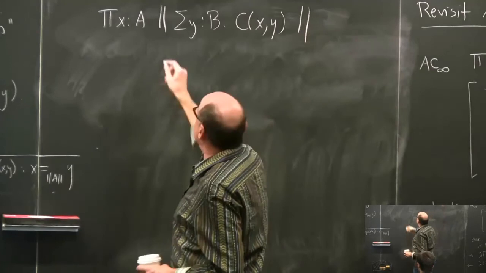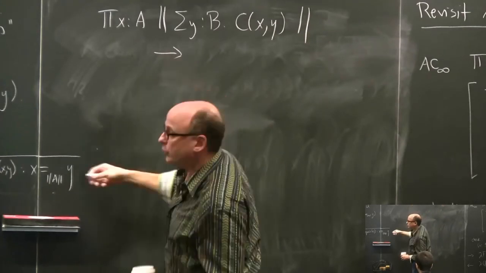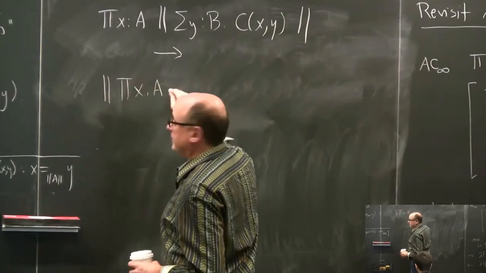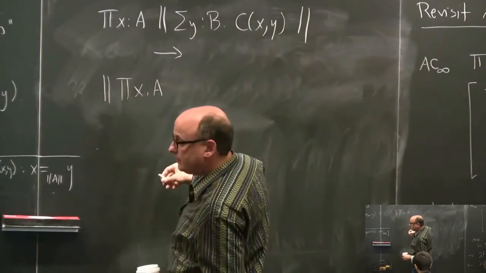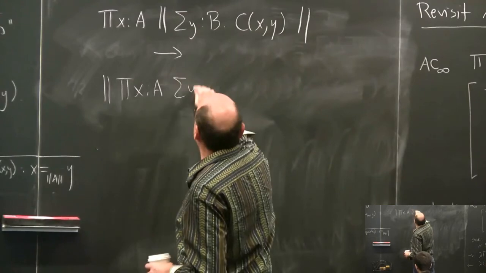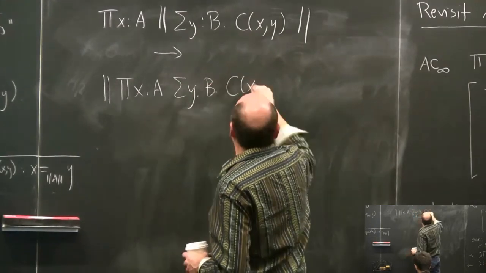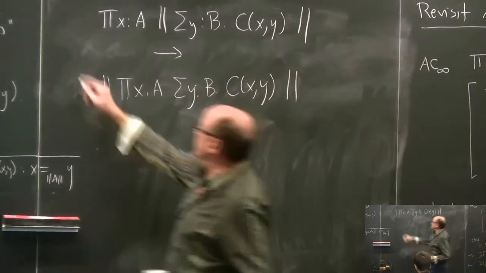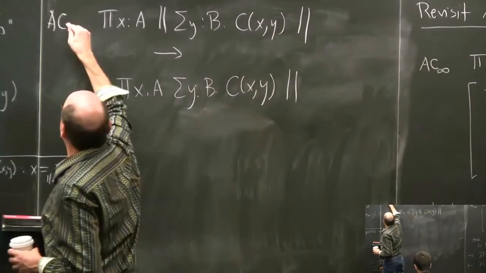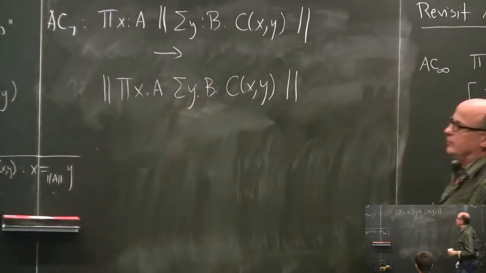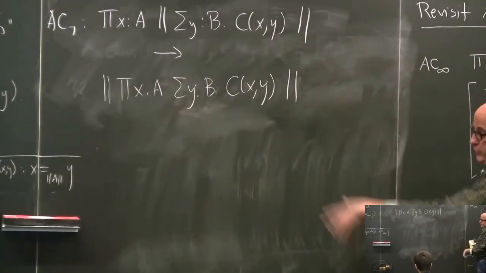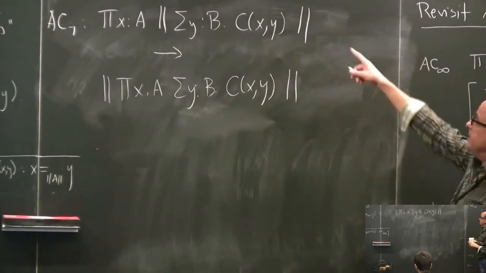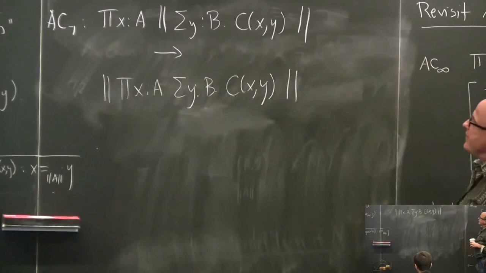We can restate that as this goes to, and now just write the same thing at the bottom, pi x in A, sigma y in B, C of xy. Okay, so that's restated. So AC minus 1 can really be thought of as saying this thing now, modulo composing with the equivalence that I mentioned here. And so we get that.